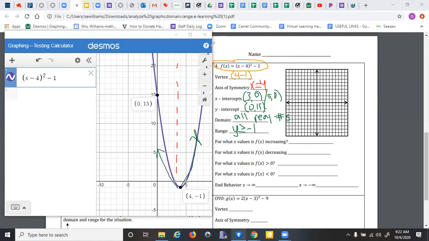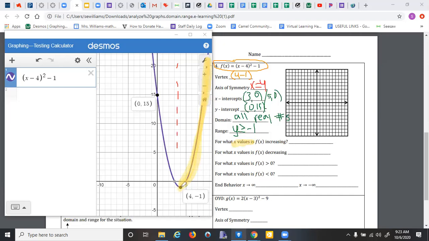Which side is it increasing on, the left or the right? The right. Good, very good. It's increasing on the right side. And once again, it's asking for the x values.